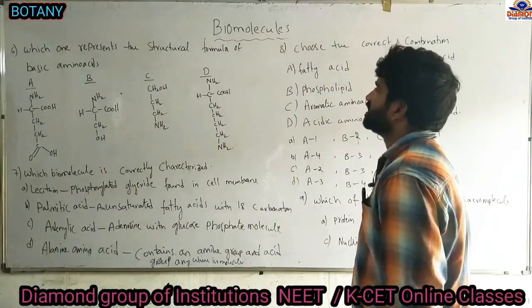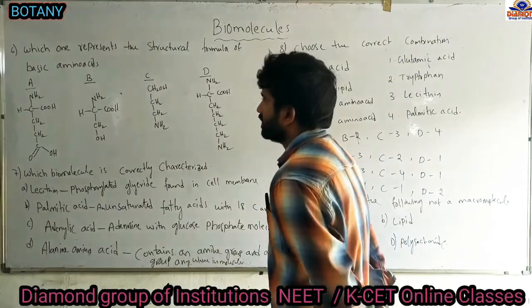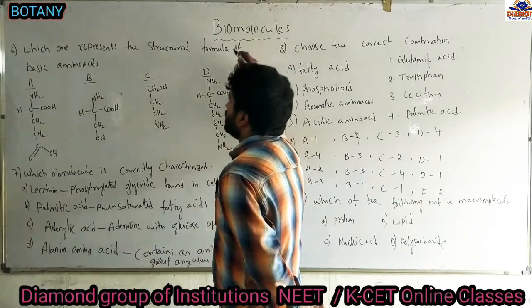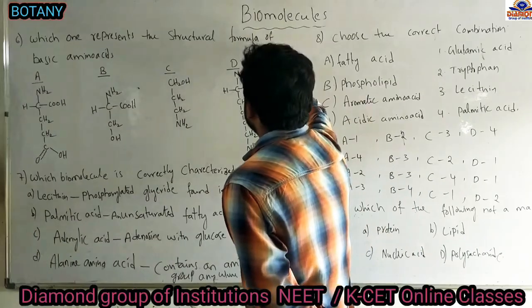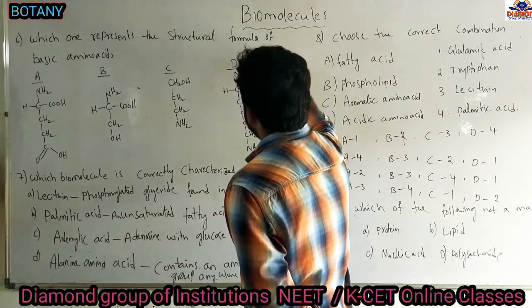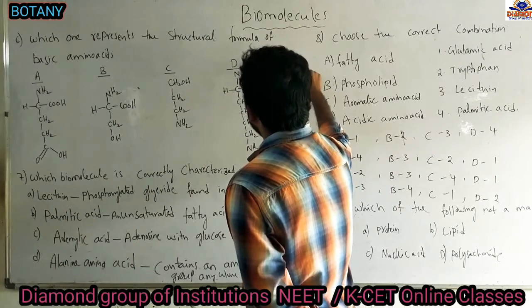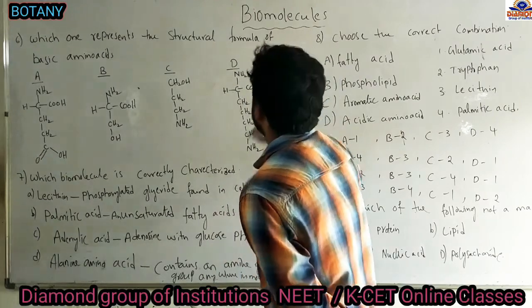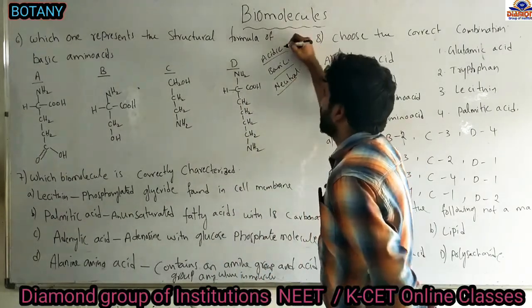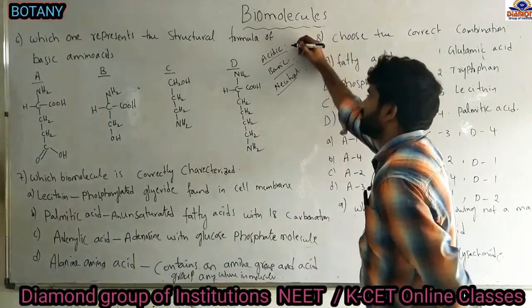Which one represents the structural formula of basic amino acids? Based upon the structures, amino acids are classified into three types: acidic, basic, and neutral amino acids. How do we identify them based upon the structure?